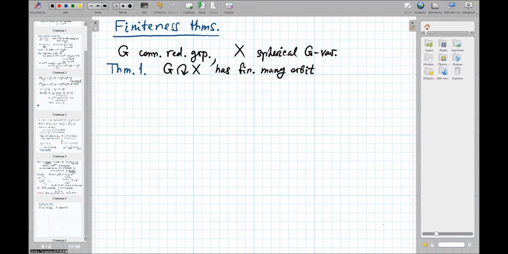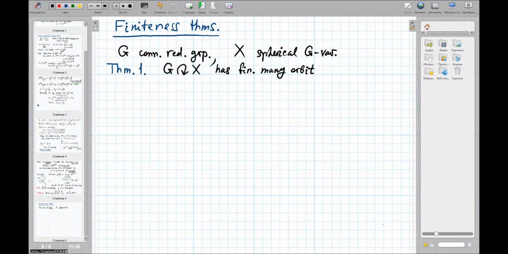And if you prove that G has finitely many orbits on the normalization of X, then of course it will have finitely many orbits on X itself, because you have a surjective birational finite map from the normalization of X to X itself. But for other statements, for other theorems, for instance, for classification of spherical varieties, it is convenient to assume that they are normal. So let me put the normality assumption from the very beginning.